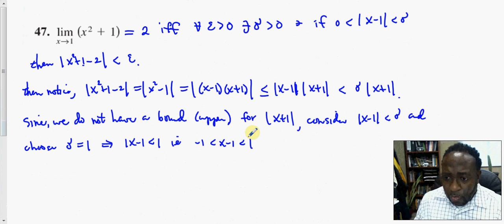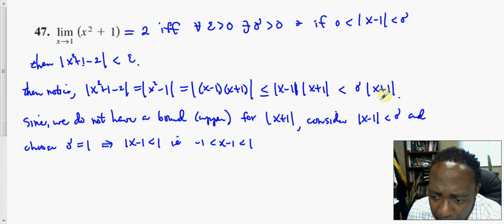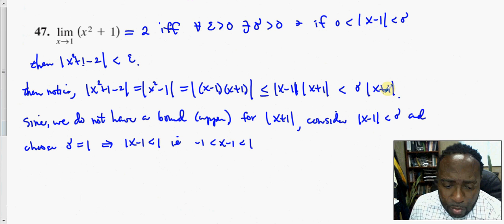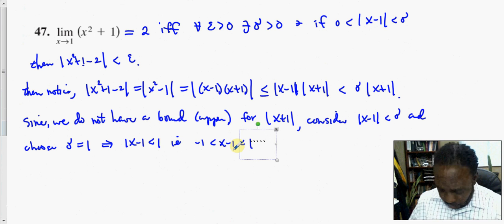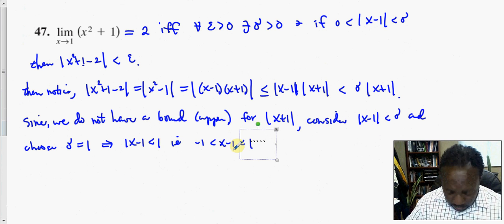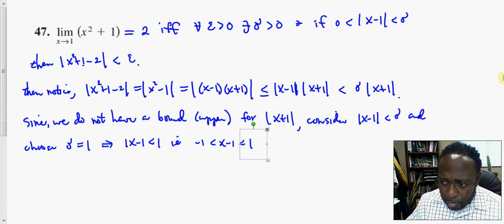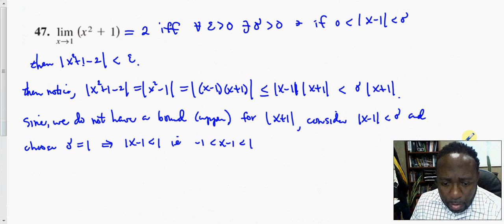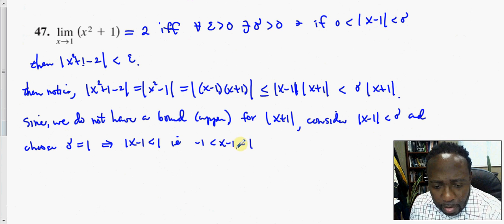What are we trying to do? We're trying to build a bound for x plus 1. So to convert this x minus 1 to x plus 1, I need to add 2 throughout this inequality.